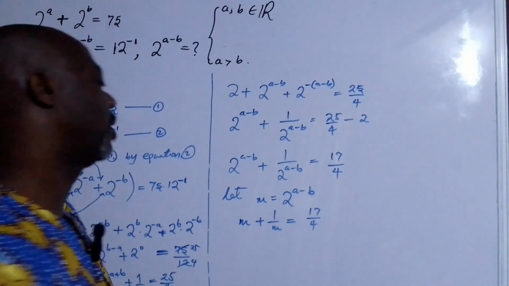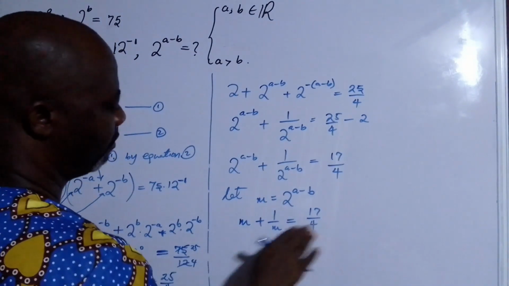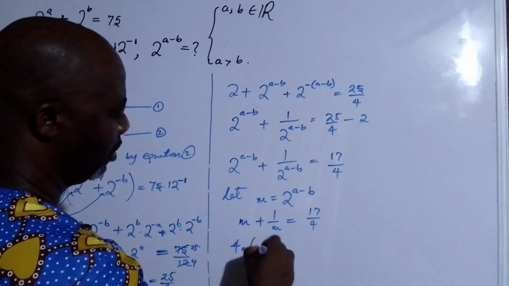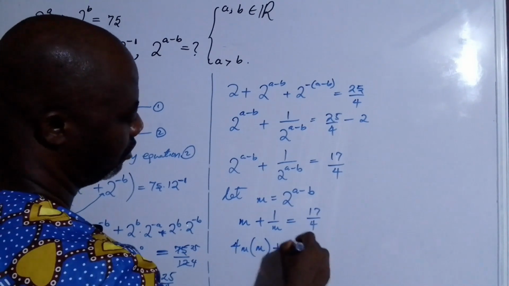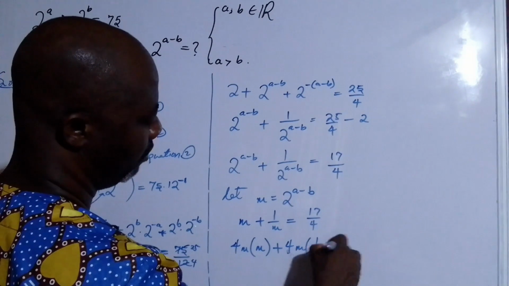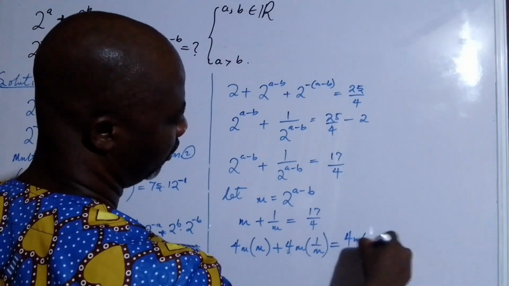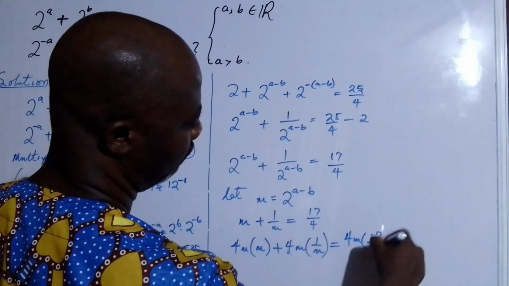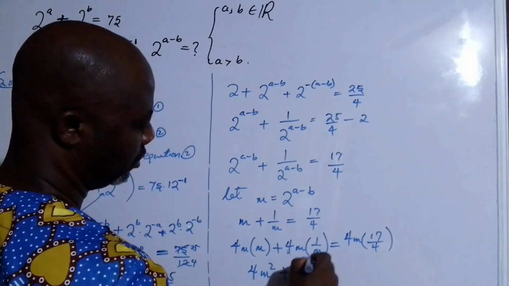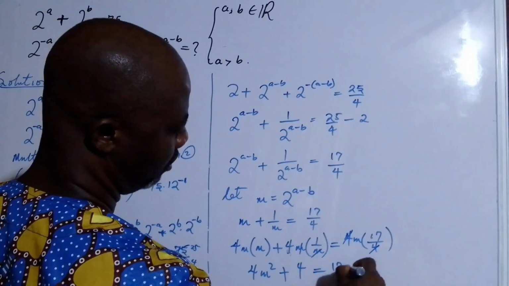Let me multiply each term by 4m. So we have 4m times m plus 4m times 1 over m equal to 4m times 17 over 4. This gives me 4m squared plus 4 equal to 17m.